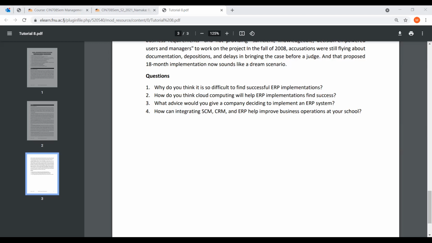Why? Because it depends on what type of company it is, one. Also, it depends on the different types of people who are working within the organization. And also it very much depends on what type of ERP system you're actually employing. Okay, now just to make it a short and a generic one, let's put down a few things.